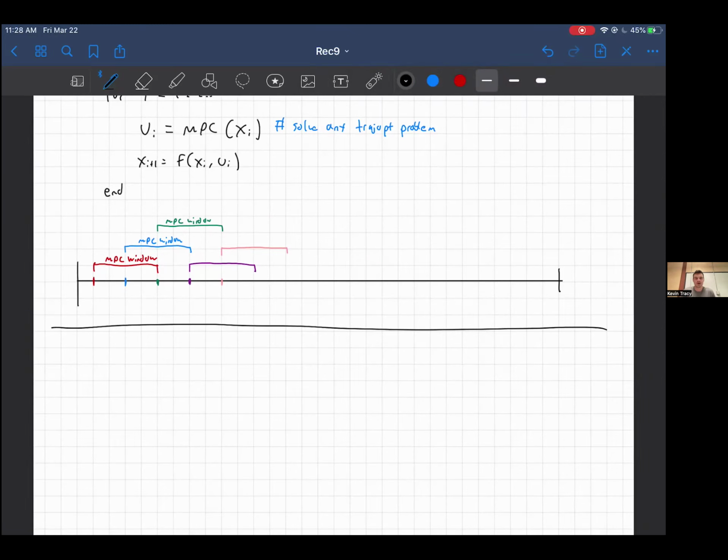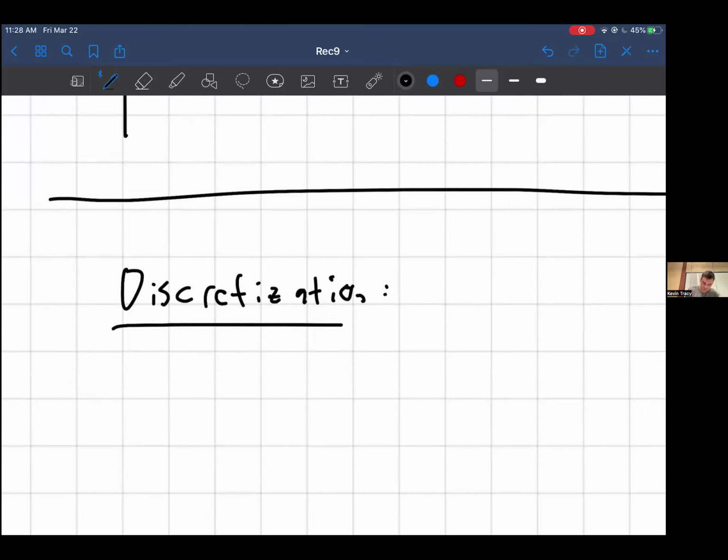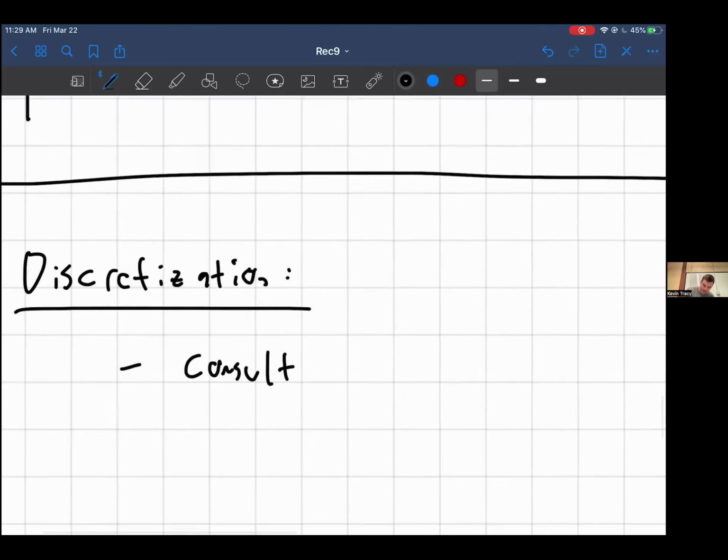Okay, so I guess I won't spend that much time on discretization. I will just say the following thing. Do you remember the linearization warm-up that I put in a few of the homework questions? When in doubt, consult that.